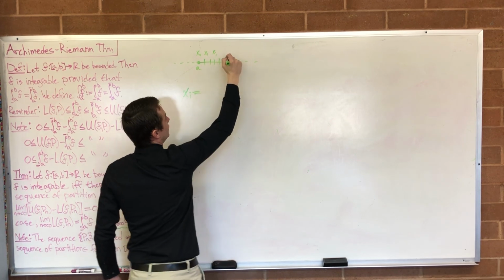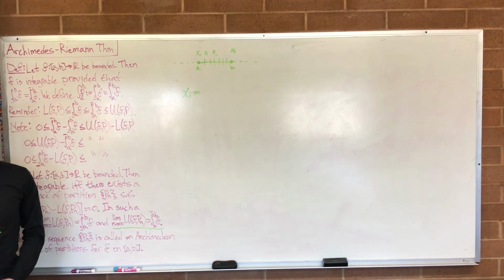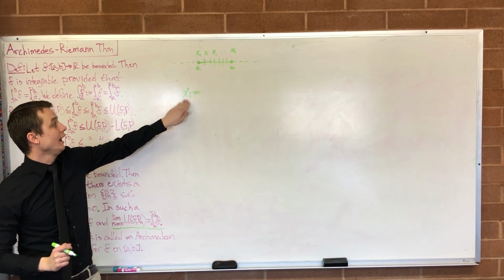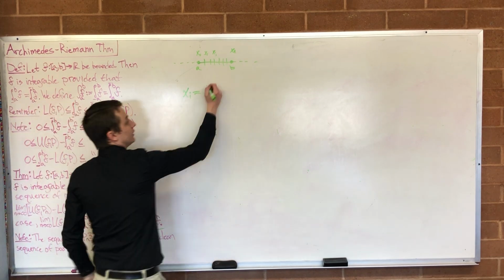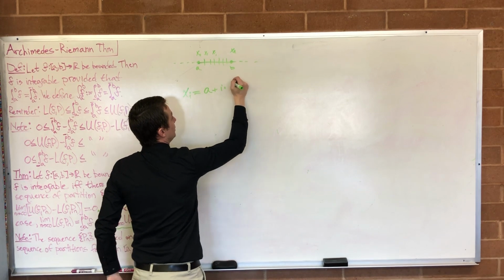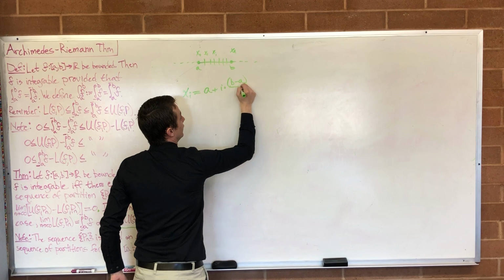It's just the ith one. And then the very last one is going to be x of n. Okay, so I'm dividing the partition up into n pieces. Where is the position of the ith x coordinate in that partition? You get that from just a plus i times (b minus a) over n.